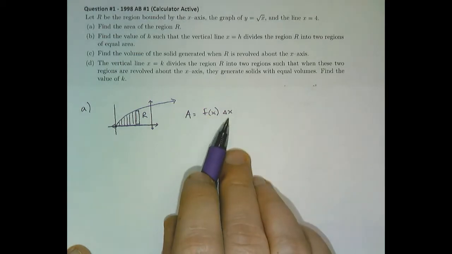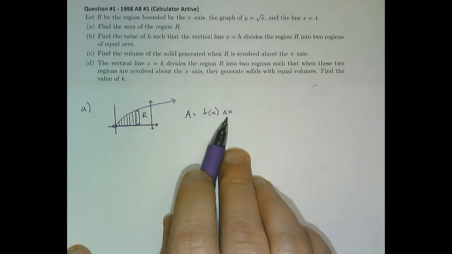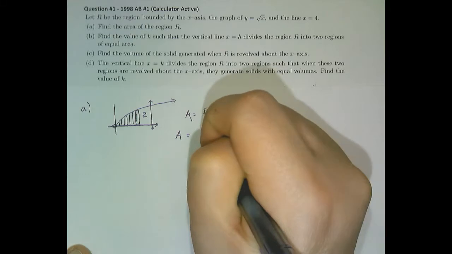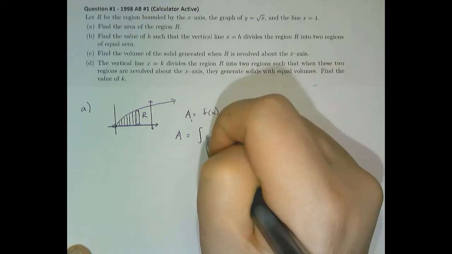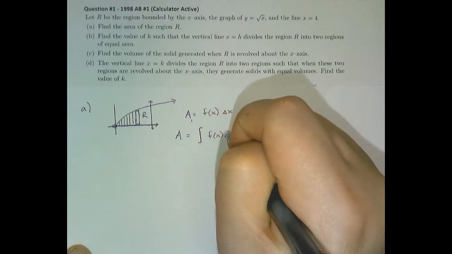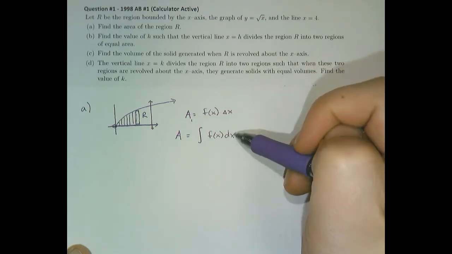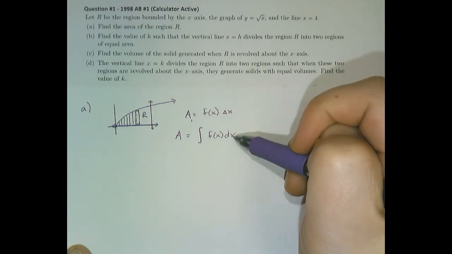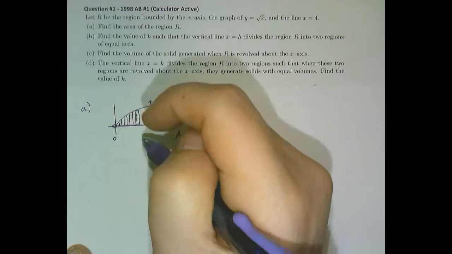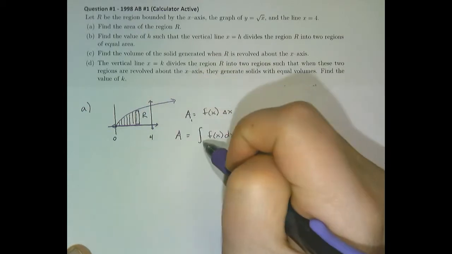If we allow the delta x to shrink to an infinitely thin region of space, then the total area would be the integral of f of x dx, shrinking our delta x to the differential. And we're starting our rectangles at 0 and stacking them up until we get to 4.